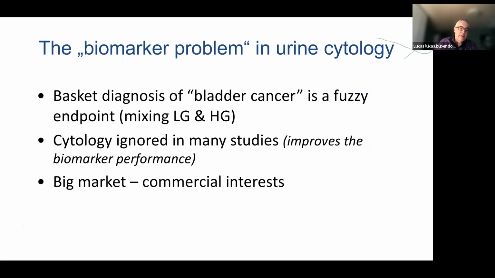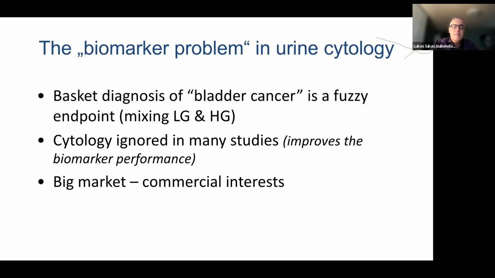Now, there is an increasing number of diagnostic markers that have been proposed for urinary specimens, but there is a biomarker problem in the literature because many studies use a large basket diagnosis of bladder cancer as an endpoint. And it's very fuzzy because they put low-grade urothelial neoplasia and high-grade together without distinction.